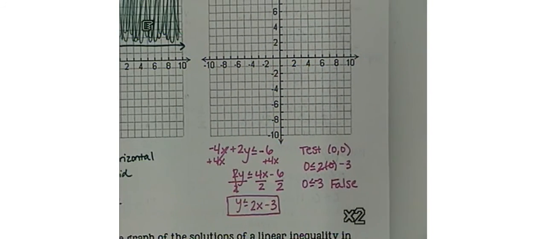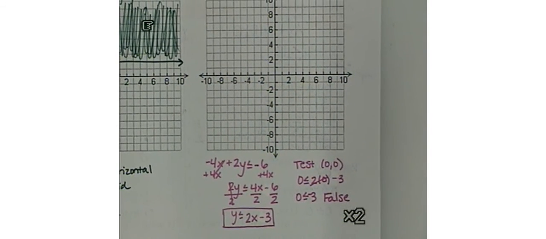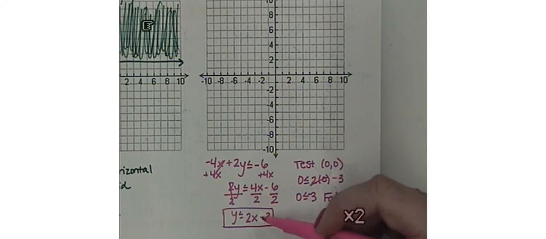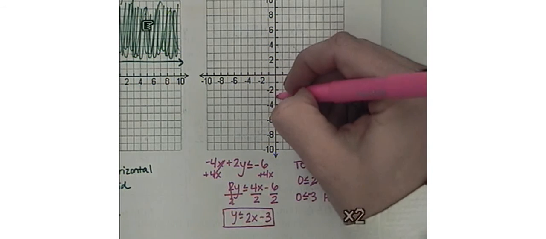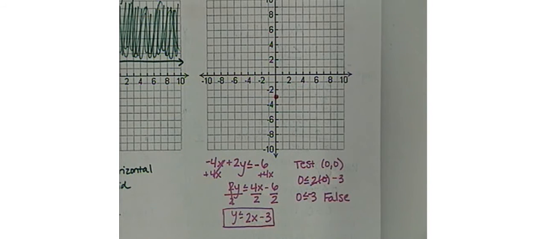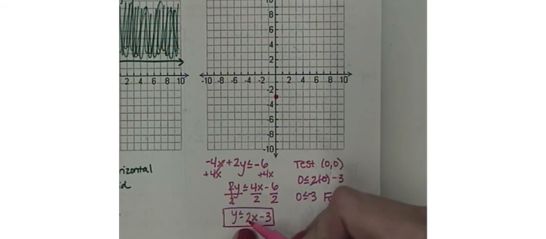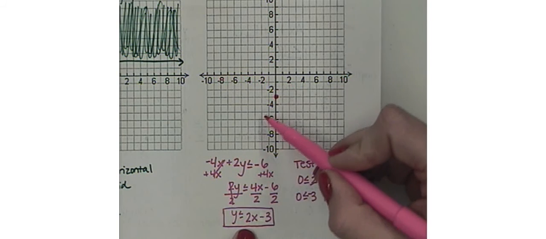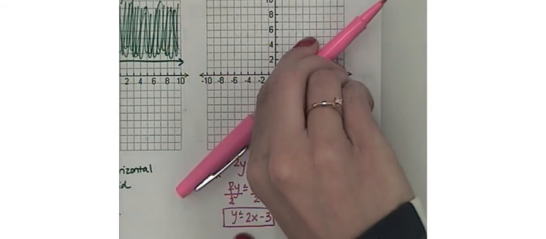Okay, so what we're going to do here is we're going to go ahead and graph our y-intercept first, down at a negative 3. Then we're going to use our slope to plot more points, and this is a positive slope, so my line needs to be going up or increasing like this.